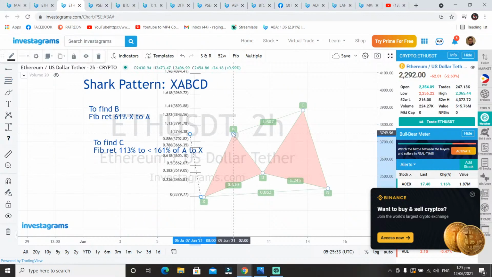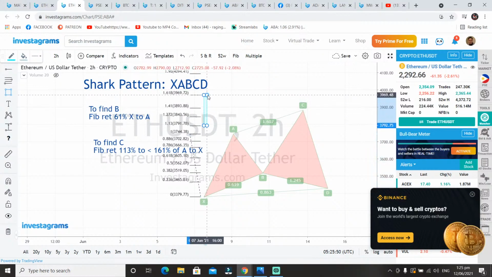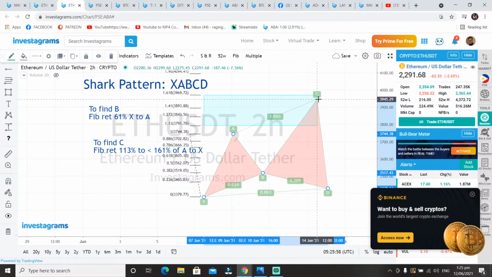What we are looking at should at least reach this point. We will make it a zone or rectangular shape. It should at minimum reach this 113%, but not exceed 161% there. Let's see if we enter here.